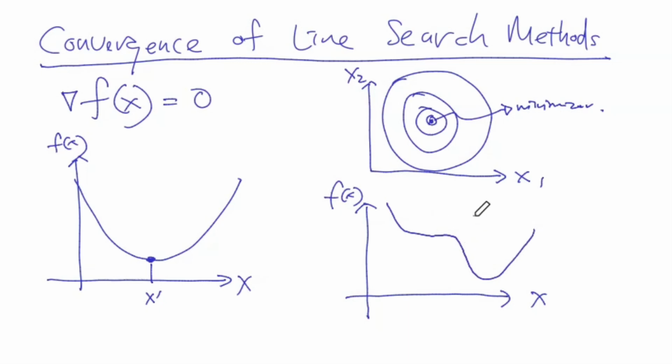We converge when we reach this point, the minimizer. But in some cases we also converge, I mean we get the gradient as zero, when we reach a saddle point here. The saddle point is a point where the gradient is also zero. So when we reach the saddle point here, we will converge.